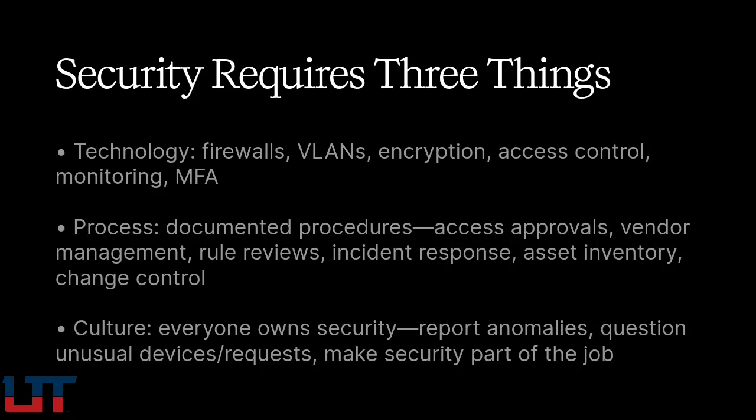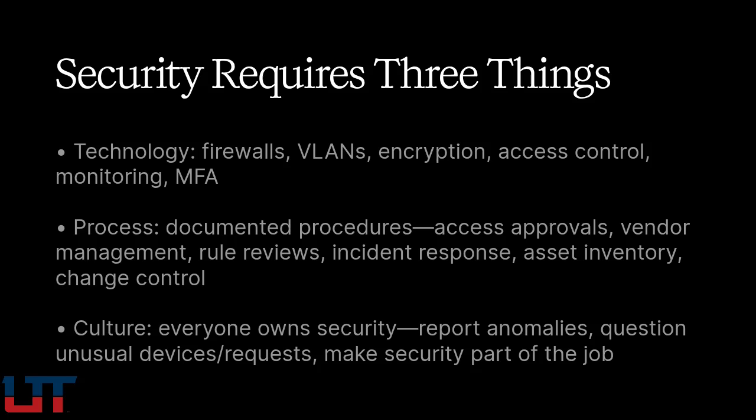You need to be able to manage vendor connections, review firewall rules, investigate security alerts, respond to incidents, maintain asset inventories, and control network changes. So process ensures the technology is configured correctly and maintained over time. Technology without process is misconfigured technology.